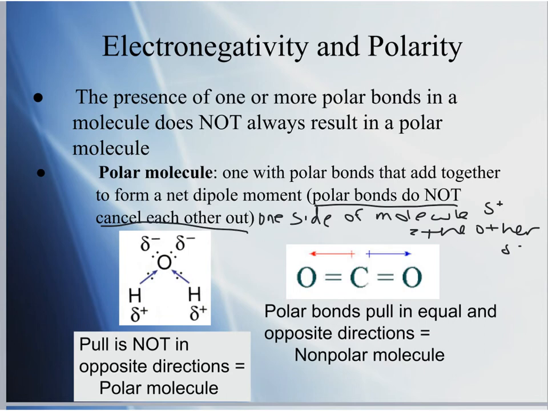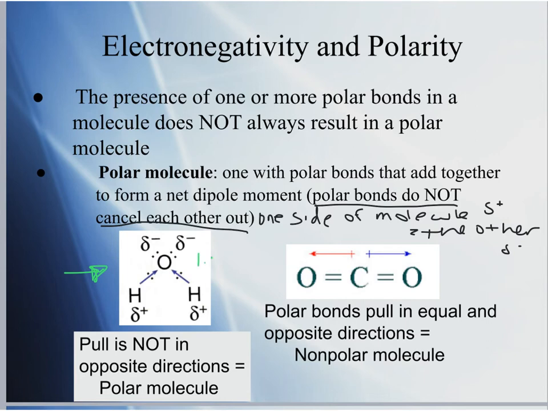Okay. So let's take a look at two examples. So we've got a water molecule on the left here. And if we take a look at the bonds, okay, so anytime you have to figure out the polarity of a molecule, you have to look at the polarity of the bonds first. So between oxygen and hydrogen, if you do the electronegativity difference between them, you're going to get a difference of 1.4.